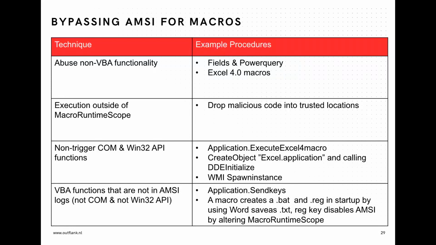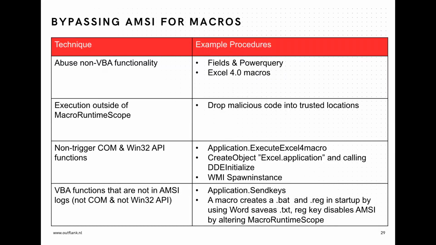Then there's this decision not to send everything from COM and Win32 to this MZ engine, but only build up this stack within the VBA engine and send it on specific malicious keywords. Well, it appears that this list of malicious keywords is just: if it contains the word shell or execute, then it's being sent to MZ.